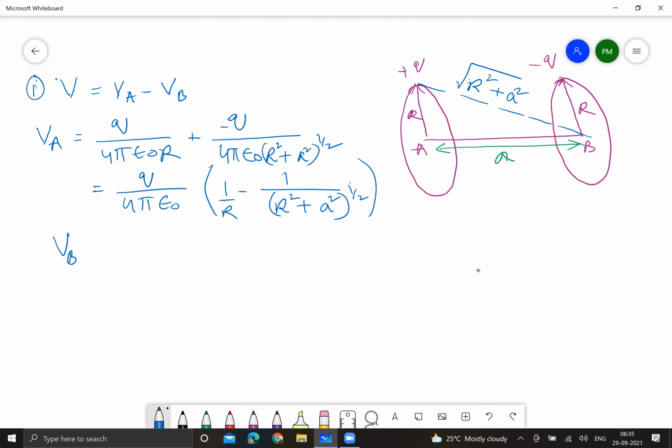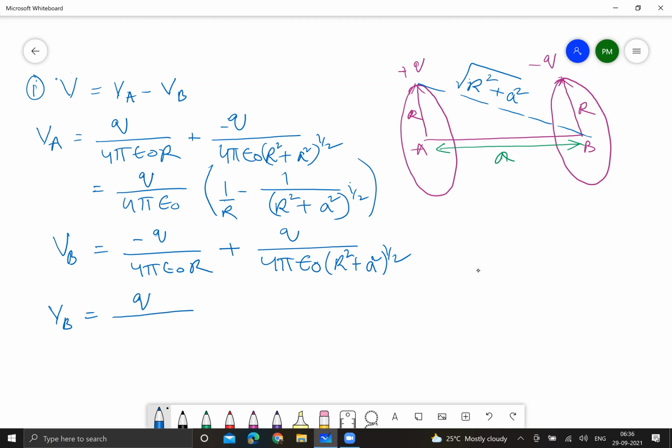Similarly, VB is minus Q by 4 pi epsilon 0 R plus Q by 4 pi epsilon 0 into R square plus a square to the power of 1 by 2.